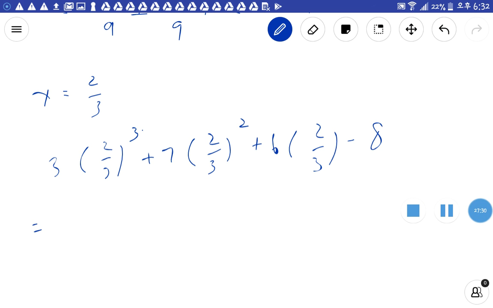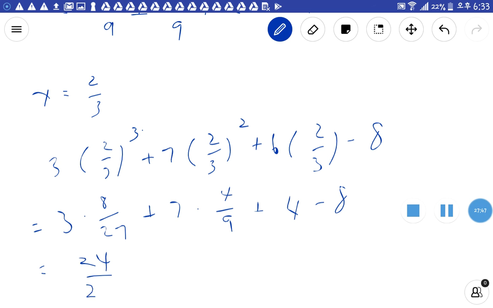It should be 0 because I know that that's gonna be our answer. So 3 times 8/27 plus 7 times 4/9 plus 4 minus 8. 24/27, 28/9, and minus 4.